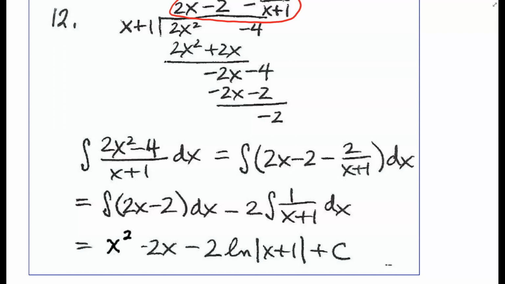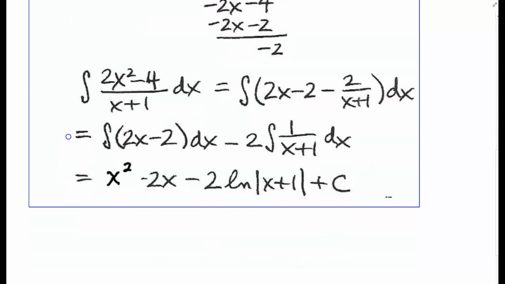And this is now a rather straightforward integral. So the integral of 2x is 2x squared divided by 2, which just gives you x squared. The integral of negative 2 dx is just negative 2x. And then the integral of negative 2 over x plus 1 is negative 2 times the natural log of the absolute value of x plus 1, plus c.